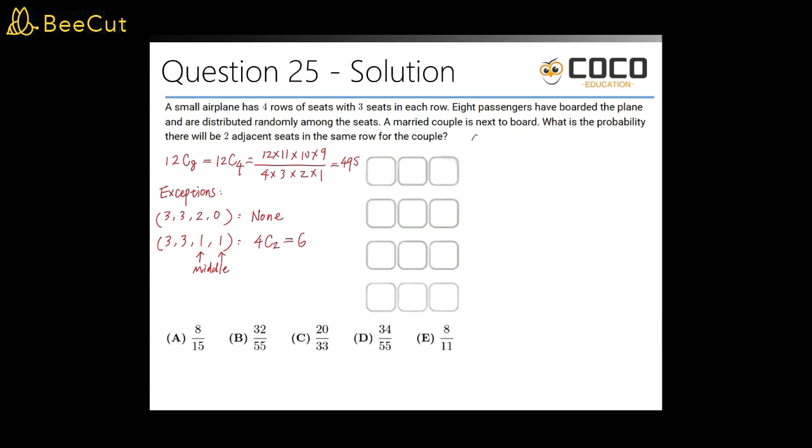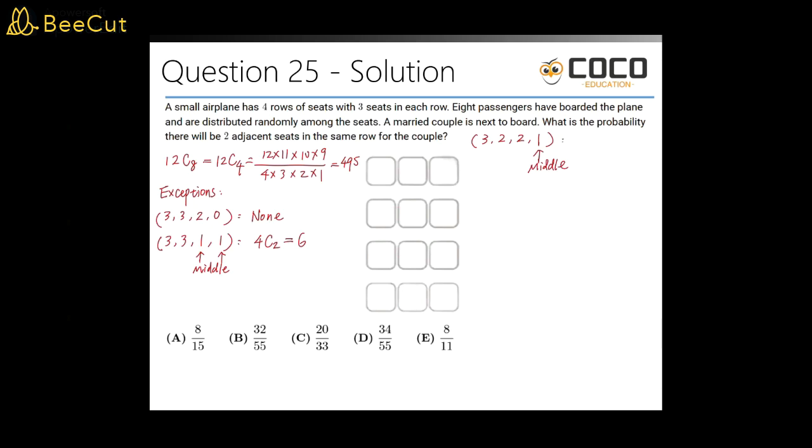Next, the composition can be 3, 2, 2, 1. The couple cannot sit in the rows with 3 passengers or 2 passengers. So again, it comes down to the 1. If the 1 passenger chooses the middle seat, the couple cannot sit next to each other. So the only exception is when the 1 is sitting in the middle.